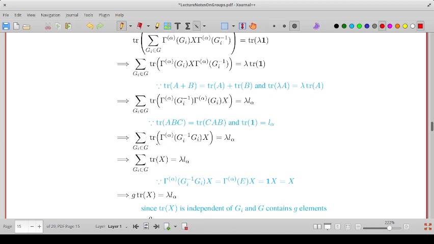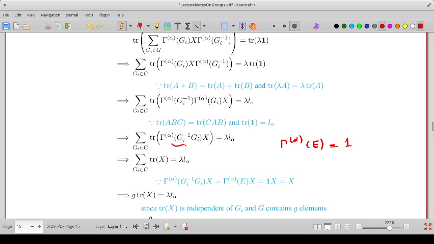So we have sum over gi trace of gamma alpha gi inverse gi times x is equal to lambda alpha. Now gi inverse gi is the identity element, and gamma alpha of identity element is simply the unit matrix of order L alpha. So let me write it as 1 L alpha, means the unit matrix of order L alpha.